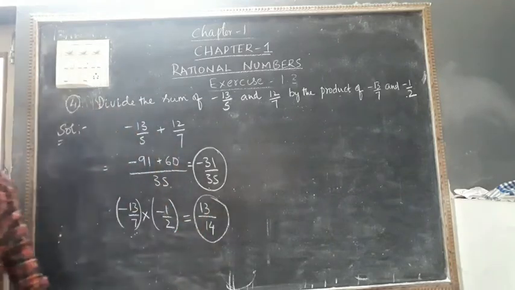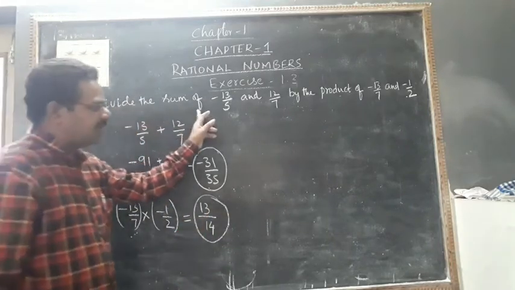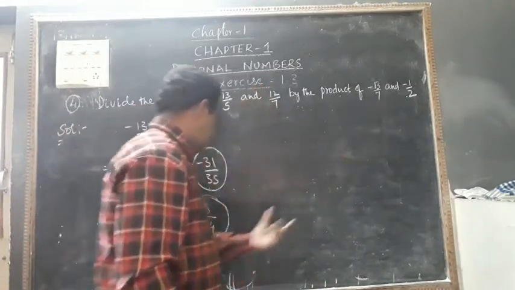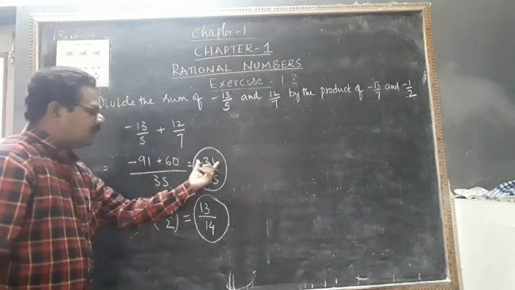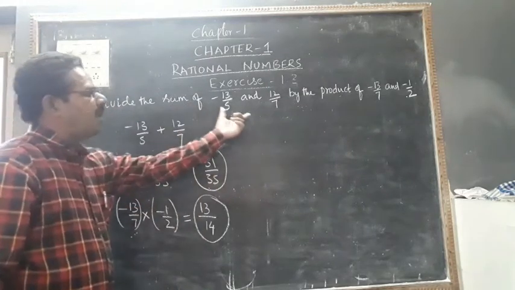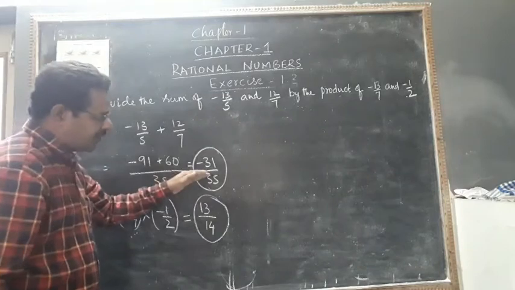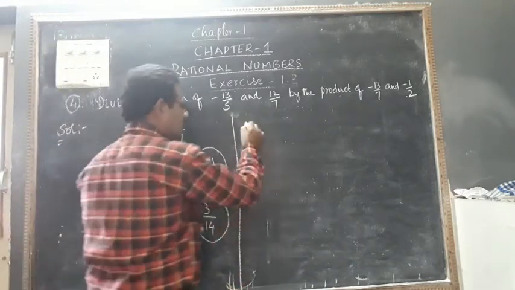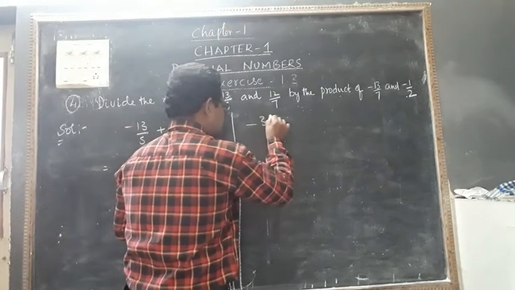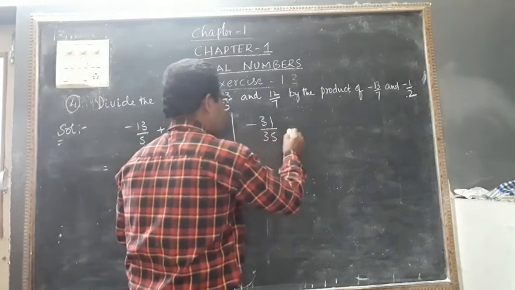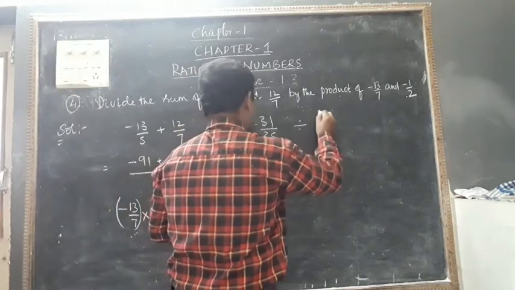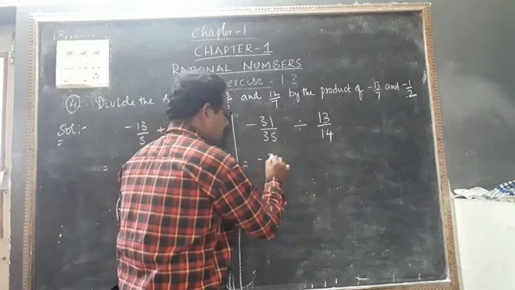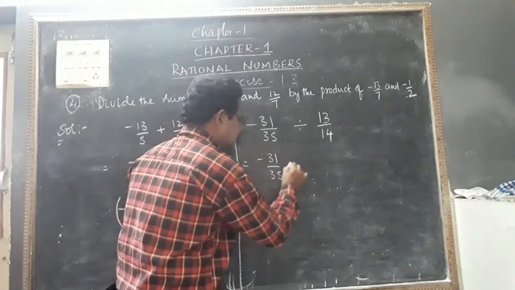So now what we have to do? Divide this one by the product of this one. That means the product we got is 13 by 14, and minus 31 by 35 is the sum of the first two. So divide this one with the help of this one. That means minus 31 by 35 divided by 13 by 14 means minus 31 by 35 as it is.